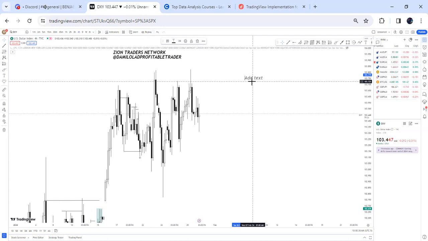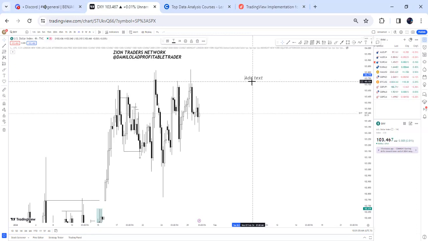The second thing that takes you a step ahead is, now that I know my DXY can have an effect on the movement of the EU, GU, and the likes, how do they now relate? What's the relationship between the DXY and EU, GU, and the likes of that? This is where it now gets very interesting.